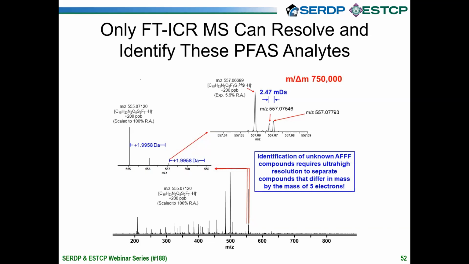So if you have these close calls, you basically need FTICR MS to see that these are different PFAS to begin with, and then to start assigning elemental composition and create that molecular formula so you know what you're looking at.